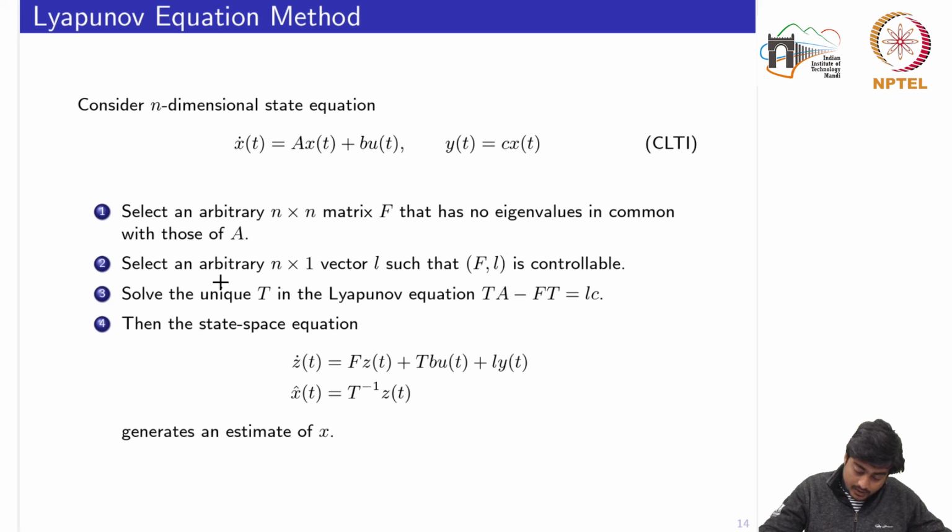Now, using this Lyapunov equation, I will solve for the unique T, which is TA minus FT equal to LC.